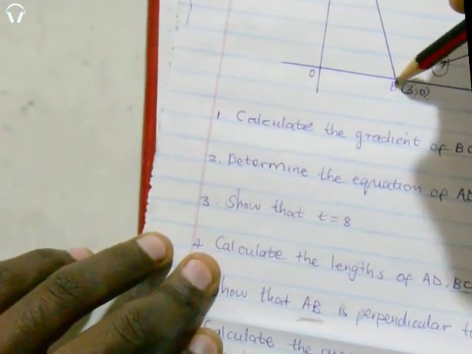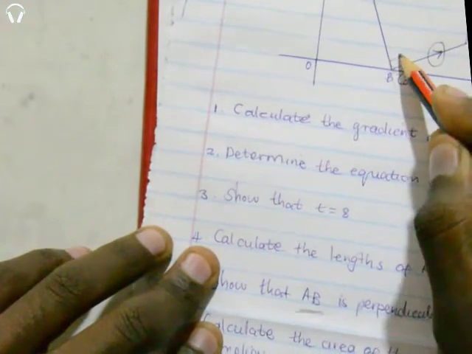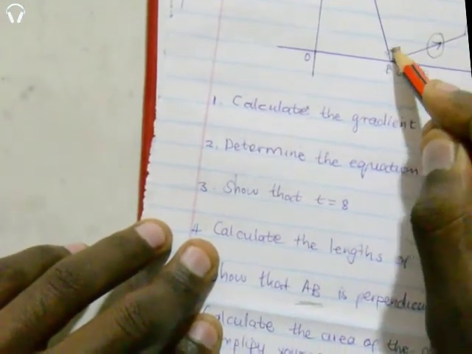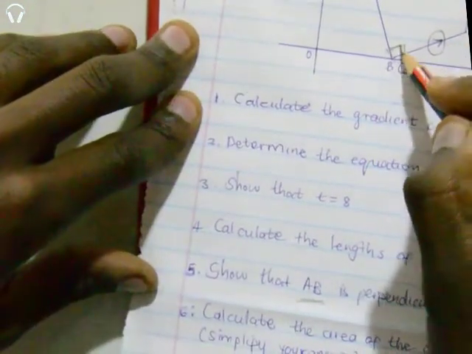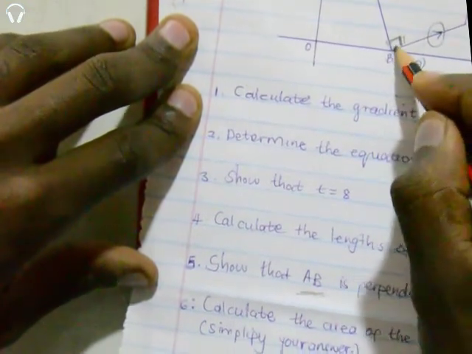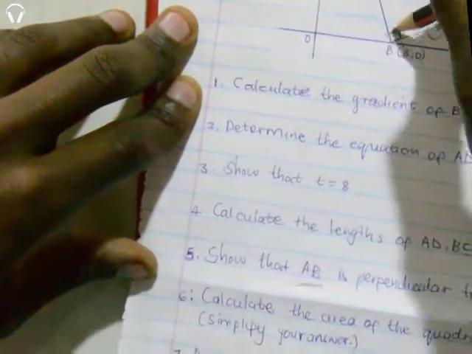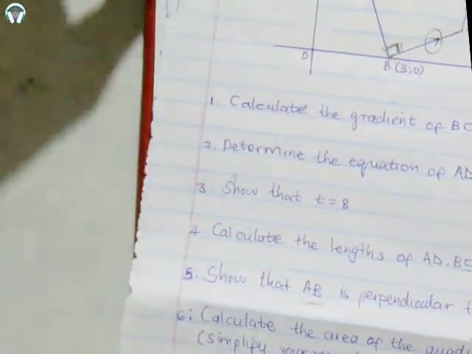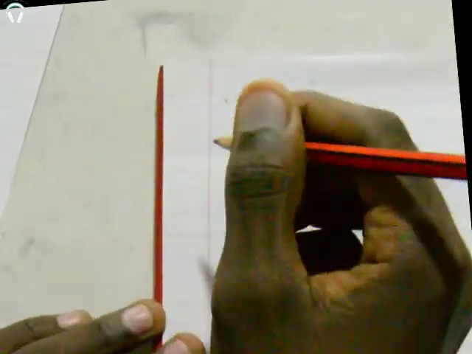If AB and BC are perpendicular, it means there's a right angle where they meet, and the gradient of BC multiplied by the gradient of AB must give you a product of -1. So firstly, we need to find the gradients of both lines and multiply them in order to prove that both of them are perpendicular to each other.